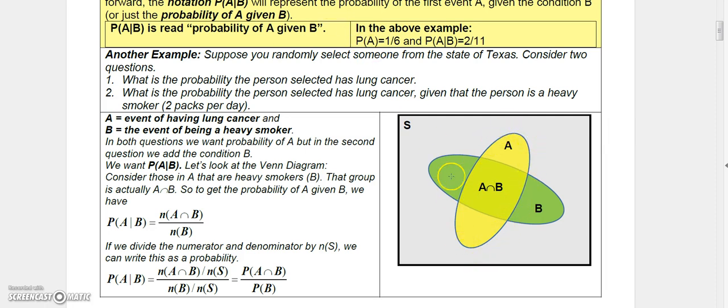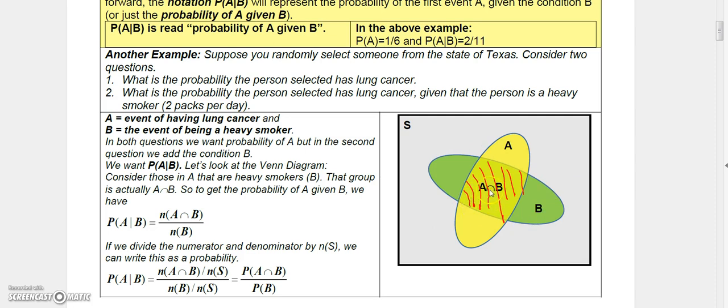I'm only asking for those people in here, because I restricted it to only the people that smoke 2 packs a day. So when I do A given B, I'm only looking at this population in here, and I'm only taking it out of the people that are heavy smokers.